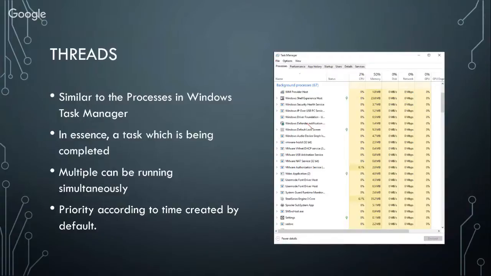Multiple can be running simultaneously. The number depends on the processor, and you can max out a CPU if you give it too much of a load. And it's a first in, first out kind of situation there.